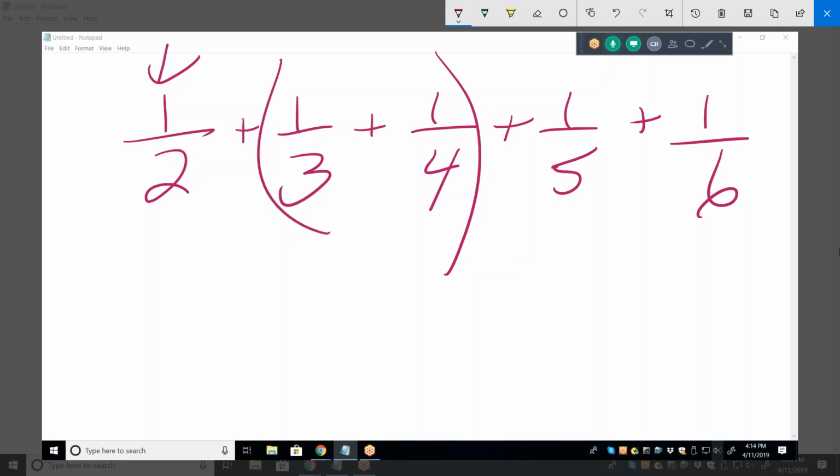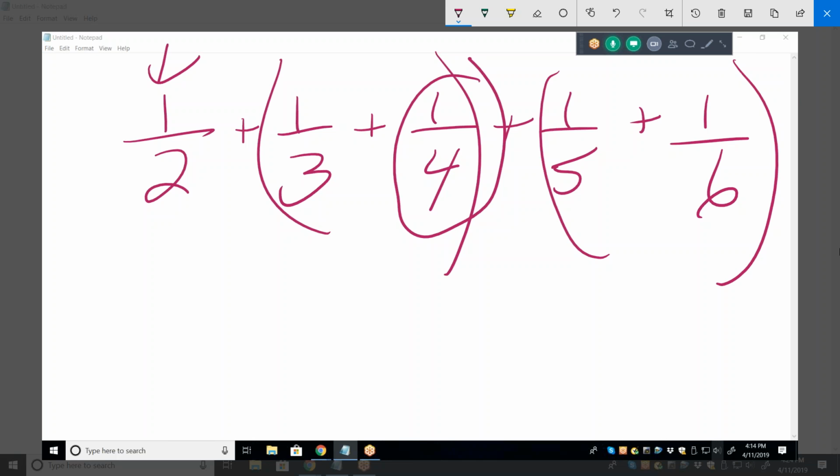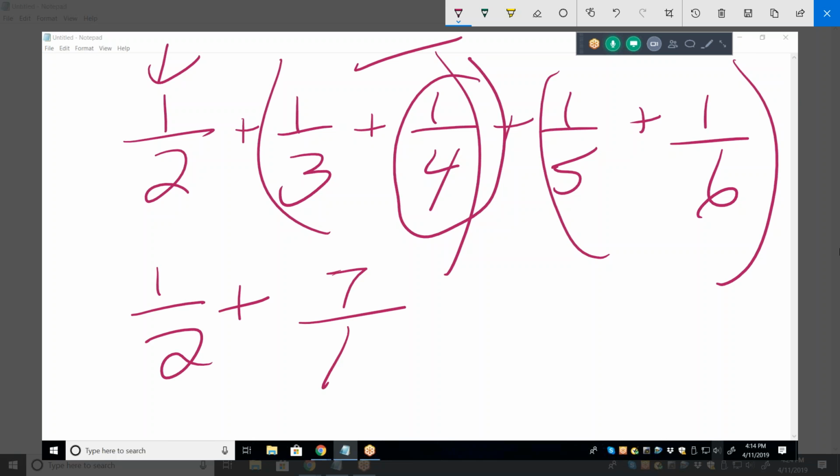No matter where I look in the sequence, if I start with that term, the next two terms together are greater than that previous term. So one way to see this sequence is 1/2 plus those two terms, which is 7/12.